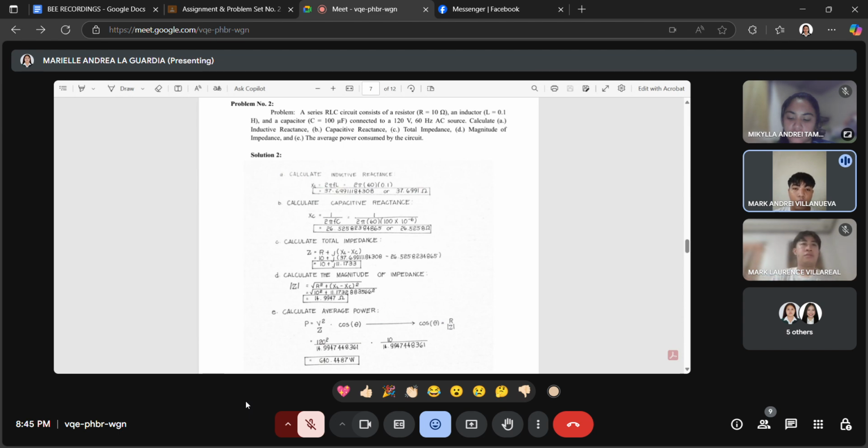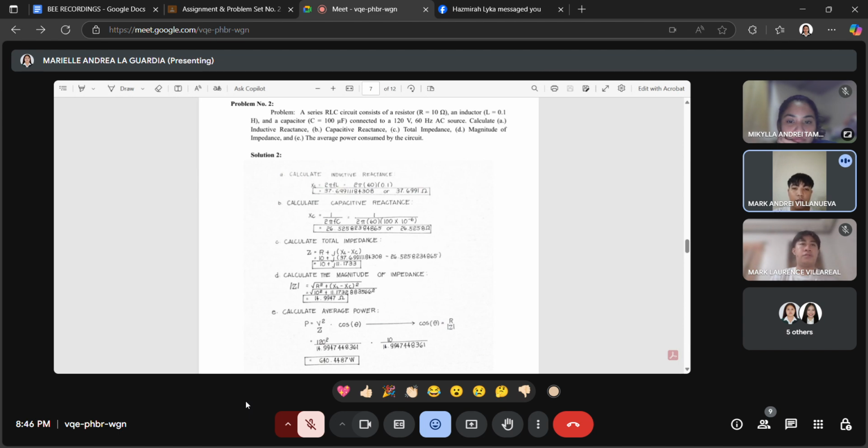j is the imaginary unit, which is the square root of negative 1, used to represent the phase difference introduced by the reactances. X_L minus X_C represents the net reactance of the circuit. If X_L is greater than X_C, the circuit is predominantly inductive.